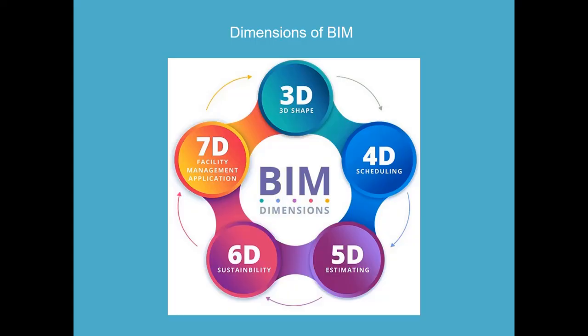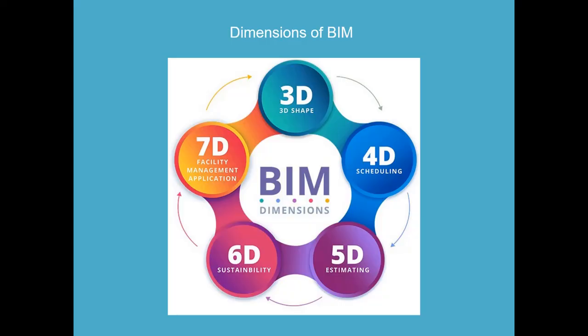Okay. Then the seventh dimension model is a facilities management model. So what is a facilities management model? Basically a model which can be used for repair and maintenance of that particular building after construction. It will give you detailed information about everything, every part.